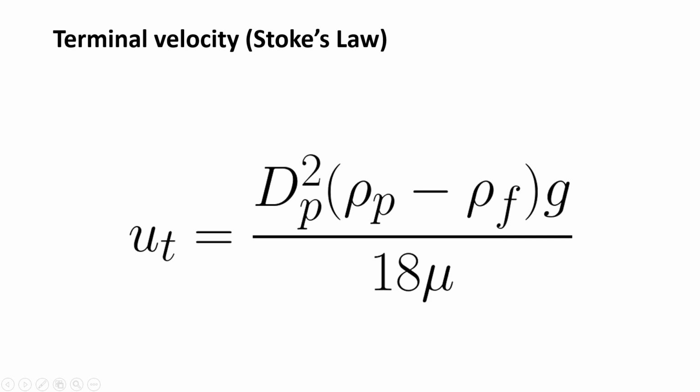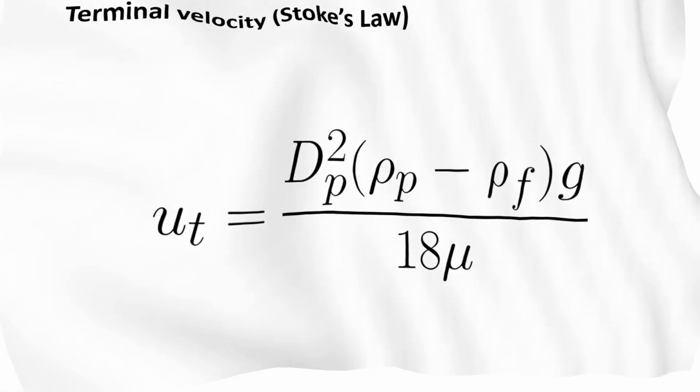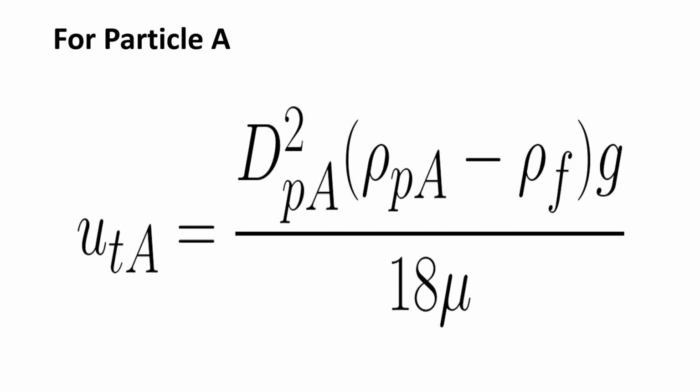of the fluid. So for particle A, uta is equal to dpa square into (rho pa minus rho f) into g upon 18 mu. Since rho f is the same, as we are using the same fluid, and viscosity will also be the same.